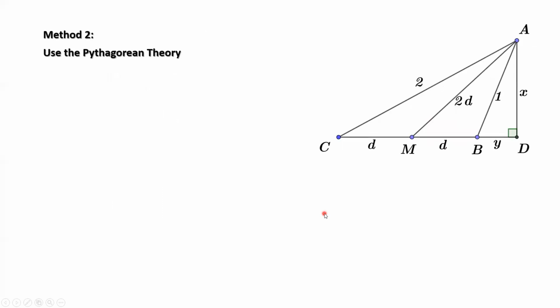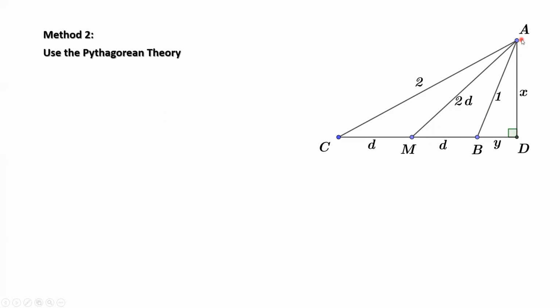Method 2. We use the Pythagorean theorem. We draw a vertical line from point A to the line CD, which is perpendicular. This angle is 90 degrees.